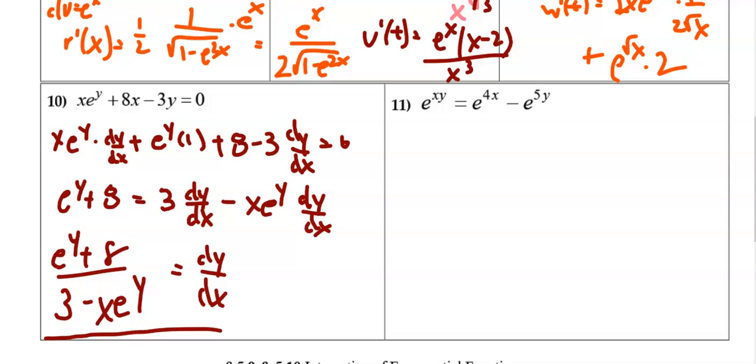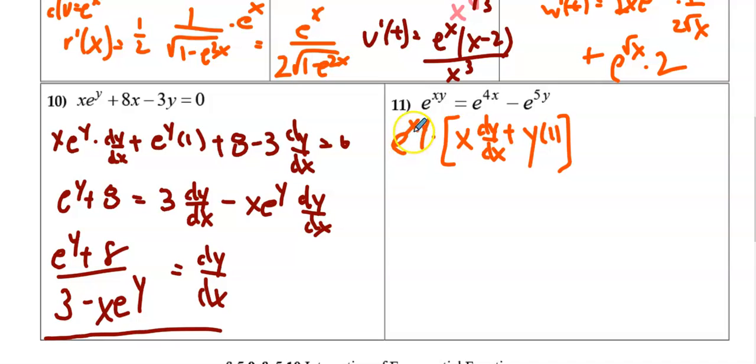And then for question number 11, we're going to take the derivative of e to the xy. So this is going to be e to the xy times our derivative of x times y, right? So it's going to be the first times the derivative of the second plus the second times the derivative of the first.